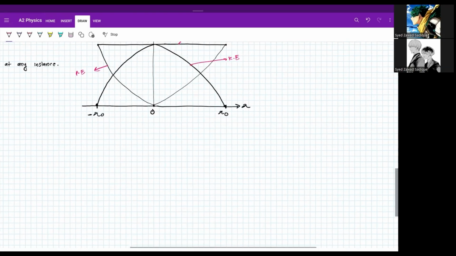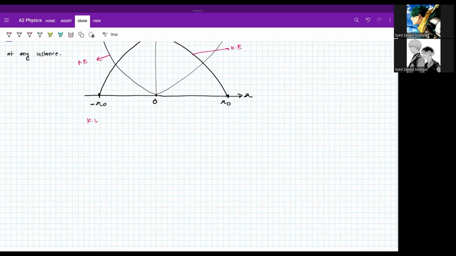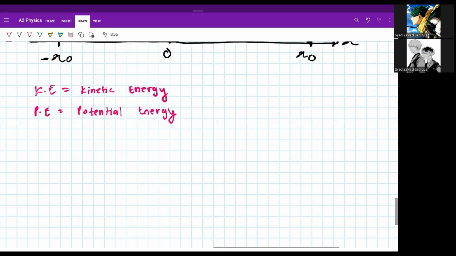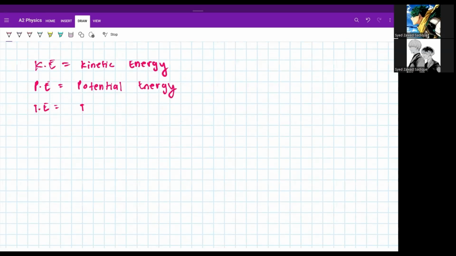Okay, just write it down for a better understanding. KE is kinetic energy. PE is potential energy. Finally, TE is total energy. Nice. Okay, a few more concepts are left, but we should be done soon.